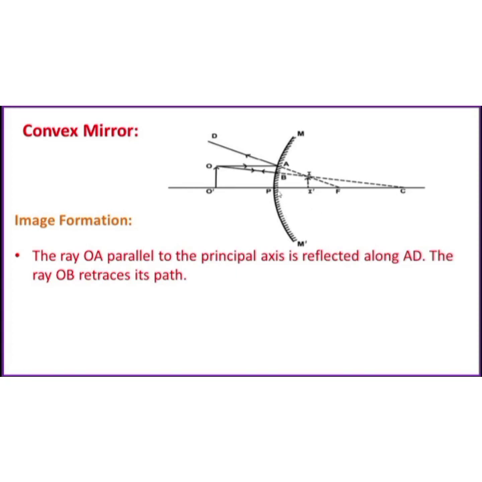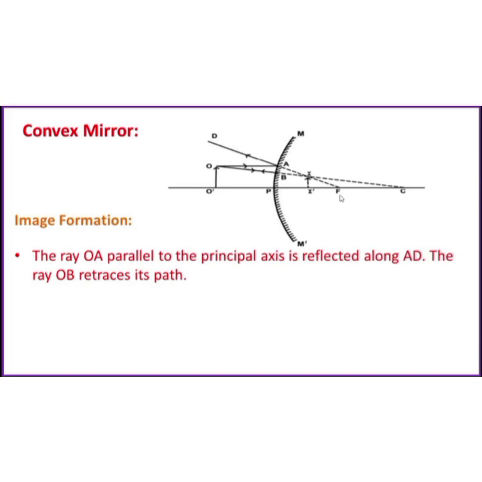P is the pole, the geometric center of the spherical mirror. Then R, radius of curvature, the distance between the pole and the center of curvature, denoted by capital R. Then the principal axis, the line joining the pole of the mirror to the center of curvature.